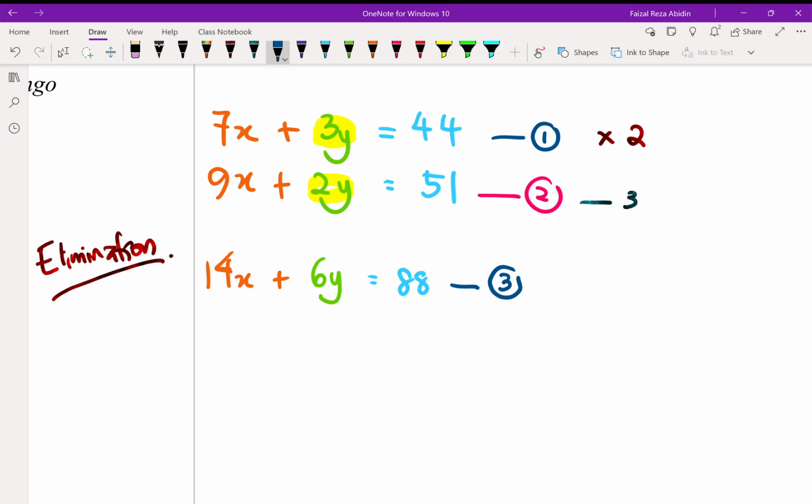Okay. Next. The second equation, we are going to times by 3 here. So 9 times 3, 27x plus 2y times 3, 6y, equals to 51 times 3, 153.